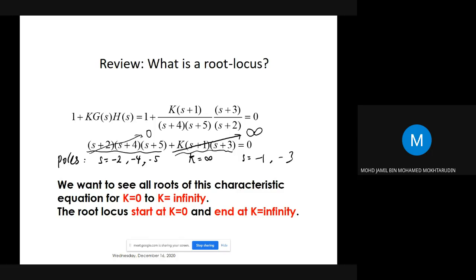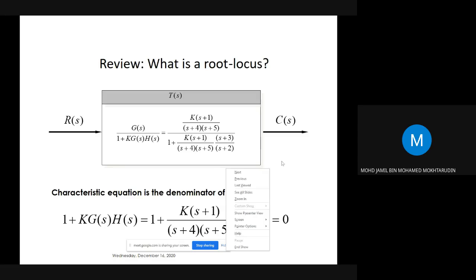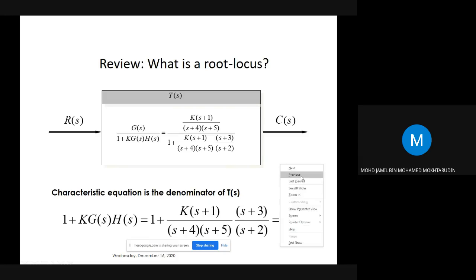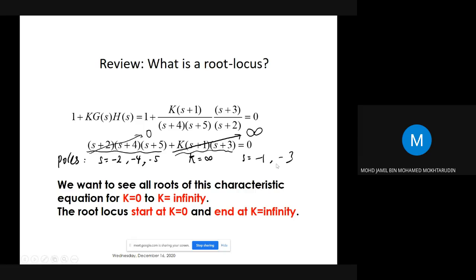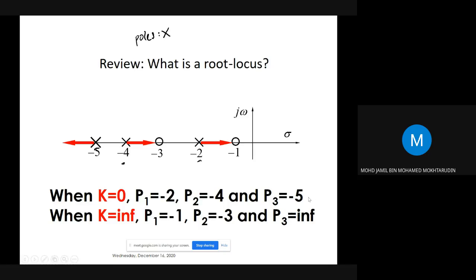These are basically the zeros of the transfer function. So when k equals infinity, the poles that you find are actually the zeros of the transfer function. To plot zeros, you use a circle. Here the zeros are at -1 and -3.